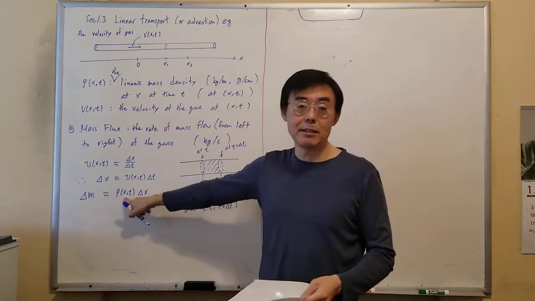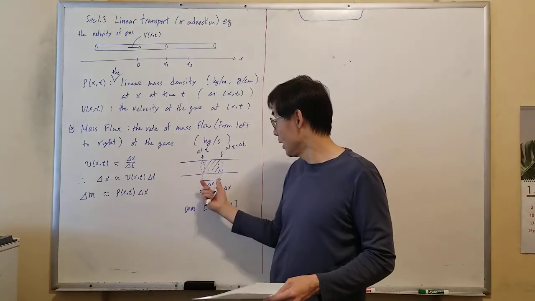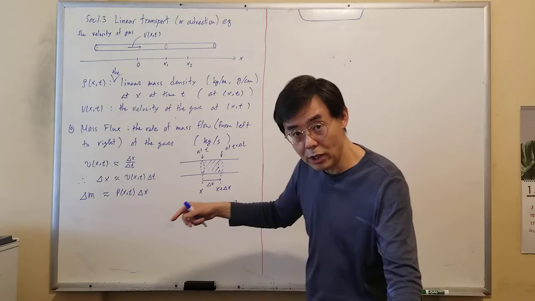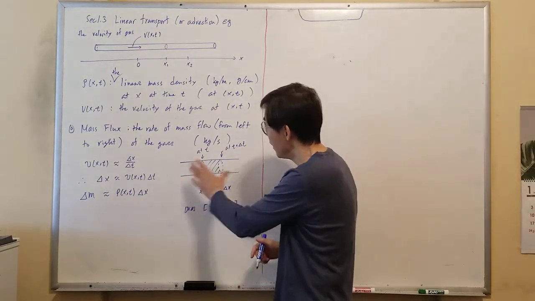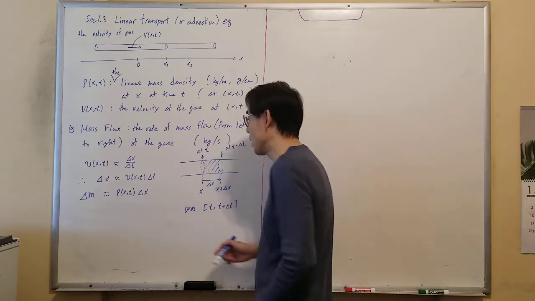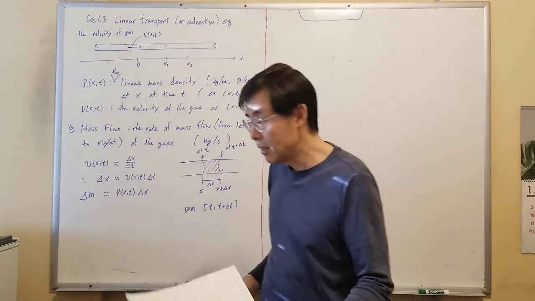This is a linear mass density, mass per unit length, times the length. Of course, this is not constant. It is changing over time and position. However, when delta x is really small, this is almost constant. So this is a linear approximation.